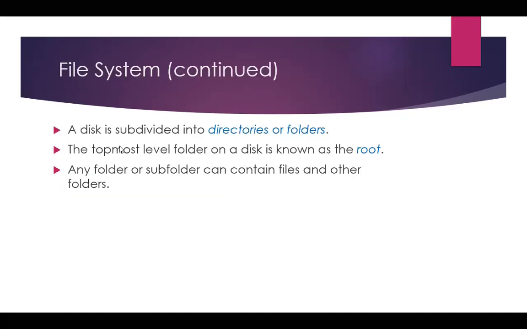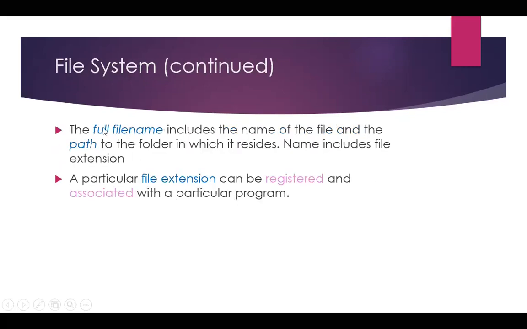My hard disk is subdivided into folders, and the topmost level of folder is known as the root, and there are subfolders which contain files. There is something sometimes known as the path or full name of a file. So the path of a file is the location of the file, in which folder it is located, along with the name of the file, and it is known as the full file name. Every file name has got an extension.